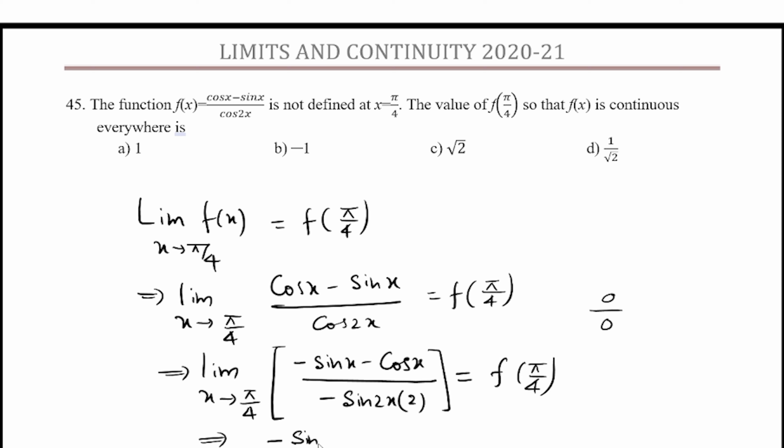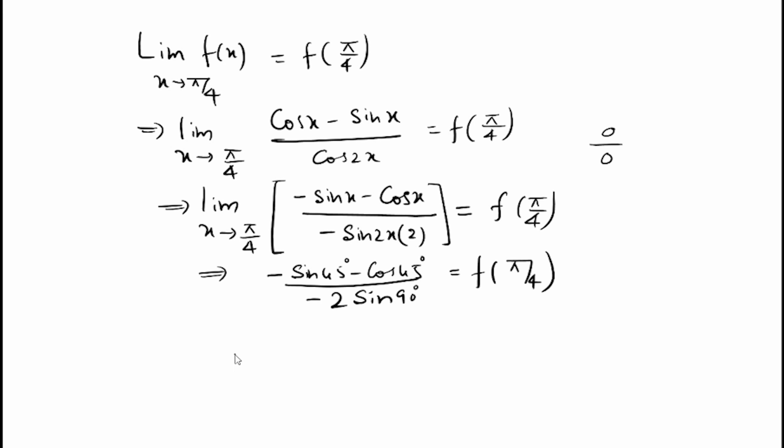Minus sin pi by 4 means 45 degree, minus cos 45 degree, divided by minus 2 sin 2 into 45 degree, that is 90 degree, is equal to f of pi by 4. Okay. Then simplify. This implies minus sin 45 degree 1 by root 2, again cos 45 degree 1 by root 2, divided by minus 2 sin 90 degrees 1, is equal to f of pi by 4.